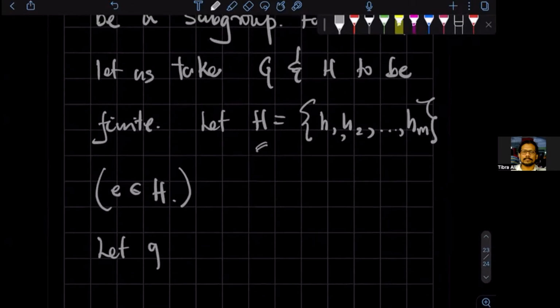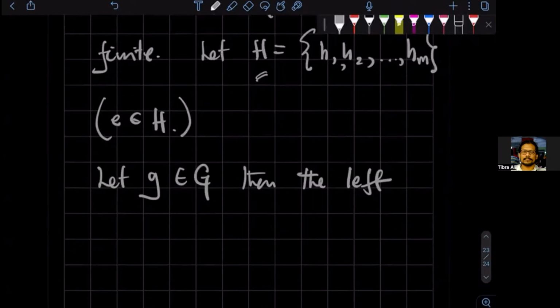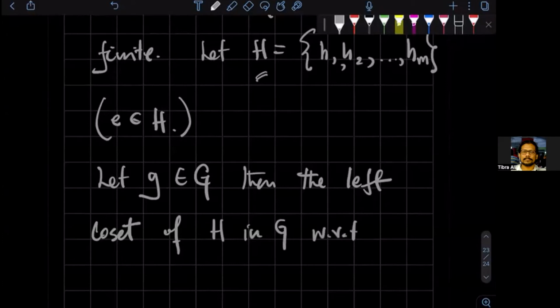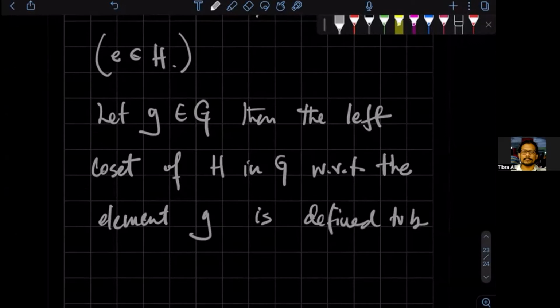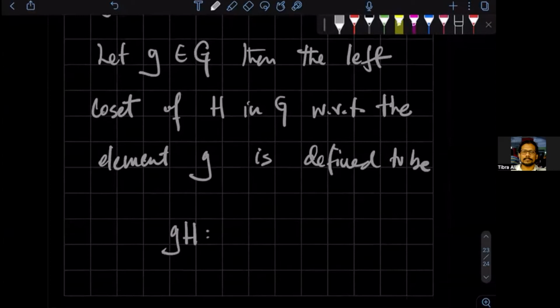Now, let g be an element in big G. Then the left coset of the subgroup H in G with respect to the element g is defined to be the set gH, and that set consists of all the elements of H, but left multiplied by g.